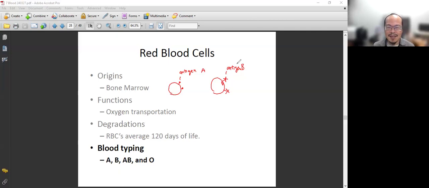So any one of us can only have one of these four situations. One is that you may have your red blood cell with antigen A. We call it A type. So type A person.